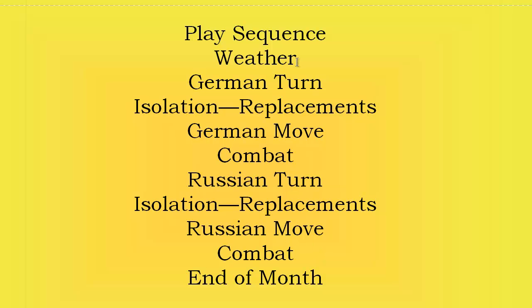At the start of each turn, the German and Russian consult the weather rules. It may be the case that the weather is good or bad. It may be the case that the German has to roll a die and determine what the weather will be for the turn. Uncertainty of weather in spring and fall can have a marked effect on play.